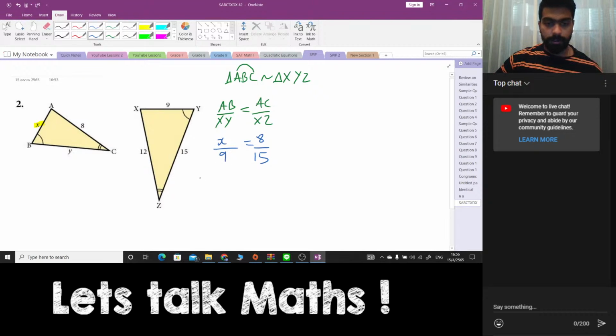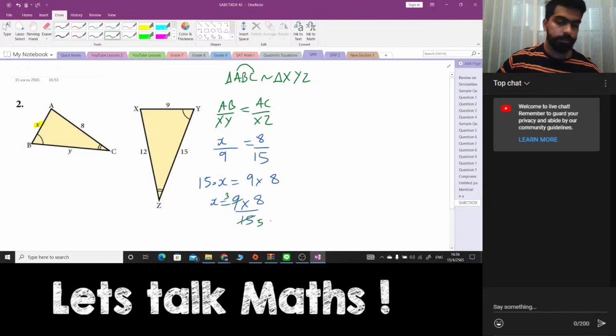Now let's cross multiply. So 15 multiplied by X is equal to 9 multiplied by 8. So X is equal to 9 times 8 over 15. Now what can simplify? 9 will change to 3, and 15 will change to 5.